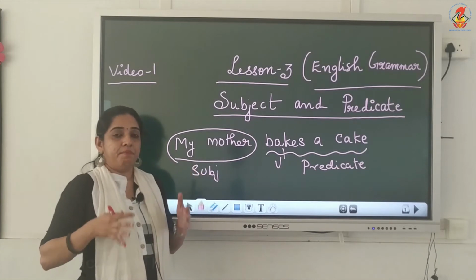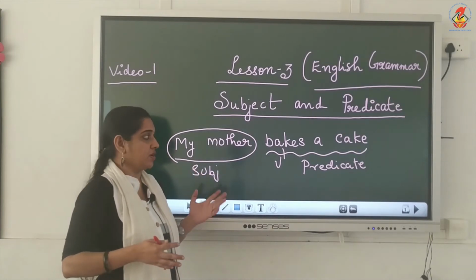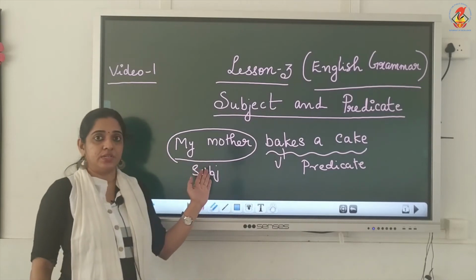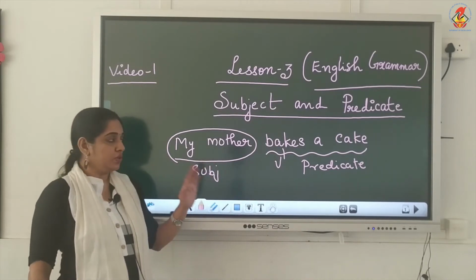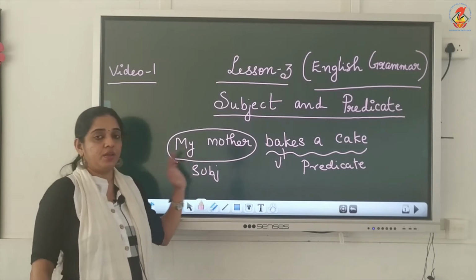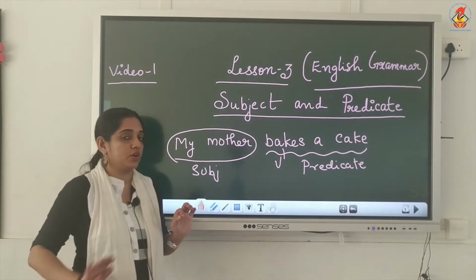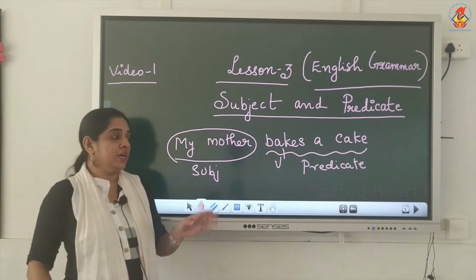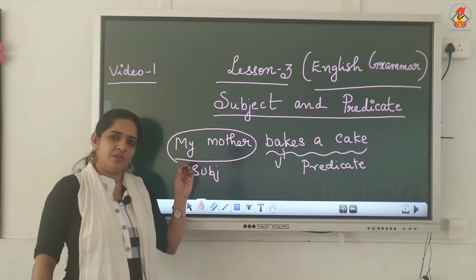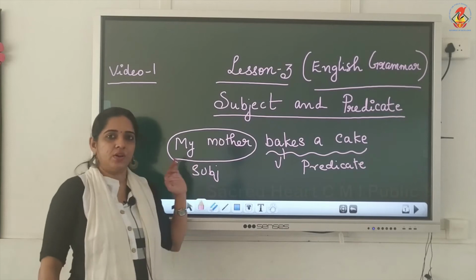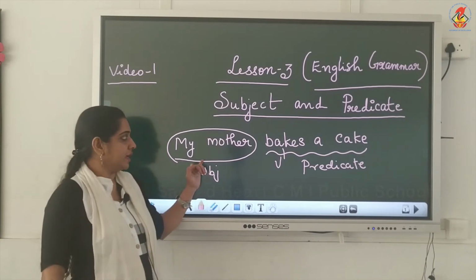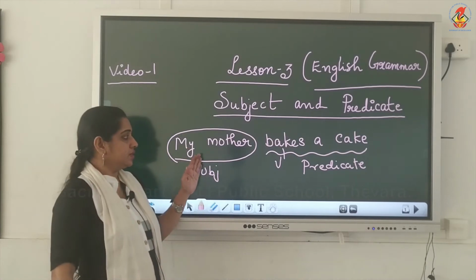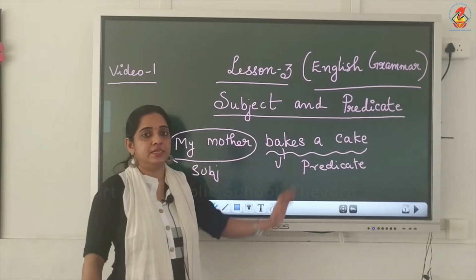More about a subject is called a predicate, and who is doing this action is called a subject. Usually a subject comes in the beginning of a sentence, usually, not in all cases. There are some cases that I'll describe later. Normally it comes at the start of a sentence, and that will be a noun. So this is a subject and this is a predicate.